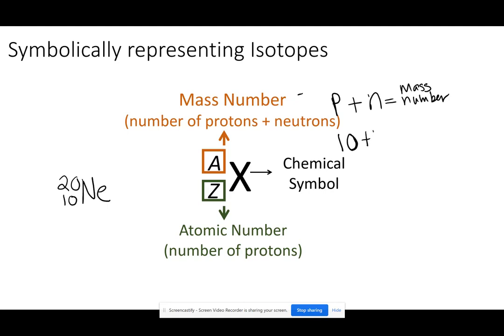We are trying to solve for the number of neutrons. And we also know, based on this symbol of an isotope, that the mass number is 20. So doing very simple arithmetic, what we'll see is that there are 10 neutrons in this isotope of neon.